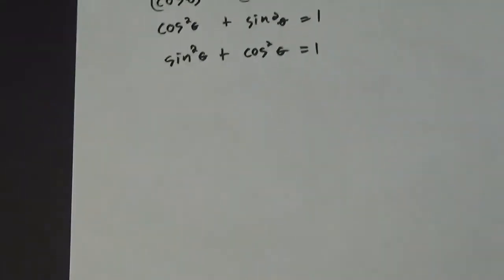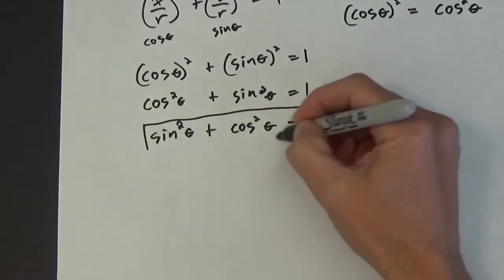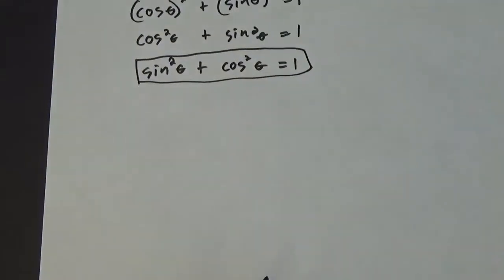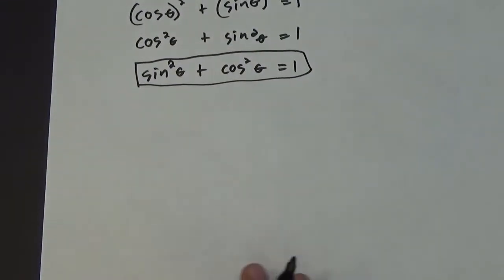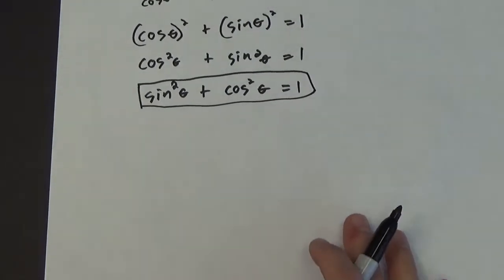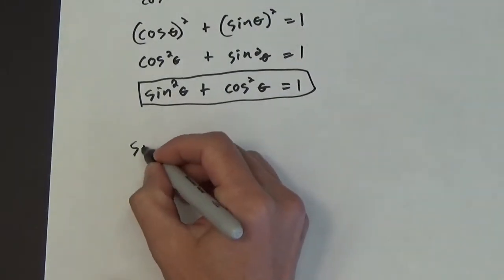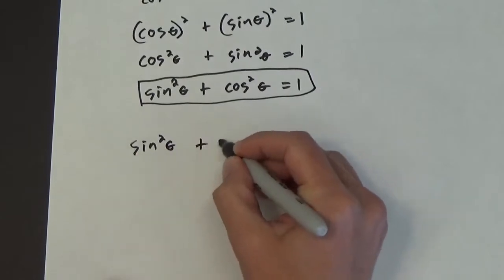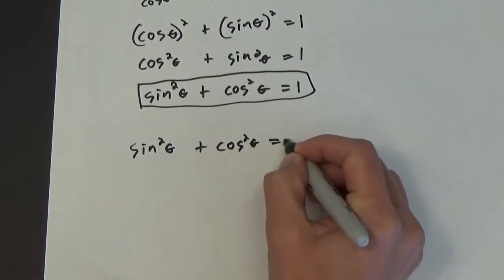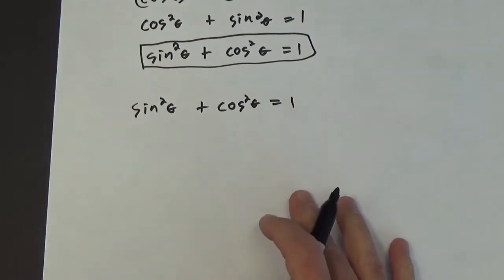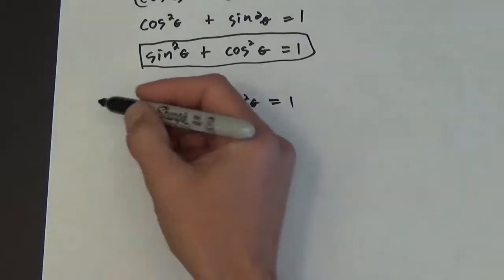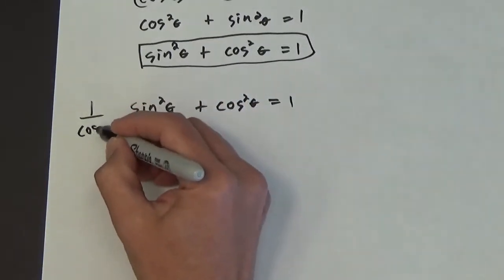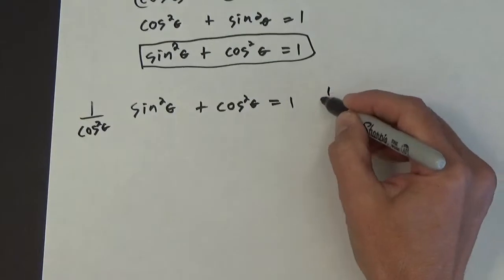Okay, there are two more of these. Maybe I'm going to put a box around that one. That's pretty important. For the first of the other two, we take the sine squared of theta plus the cosine squared of theta equals 1, and we multiply everything by 1 over the cosine squared of theta.